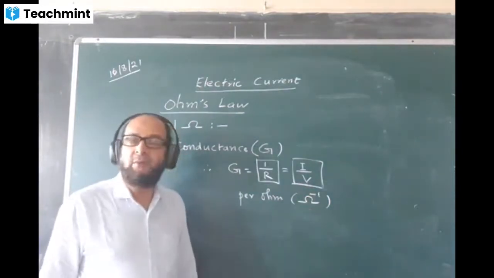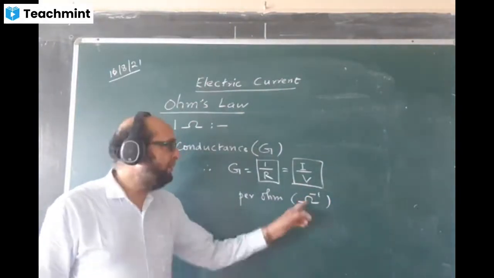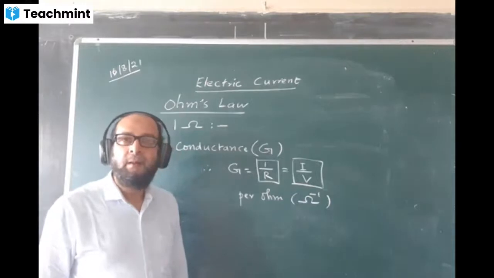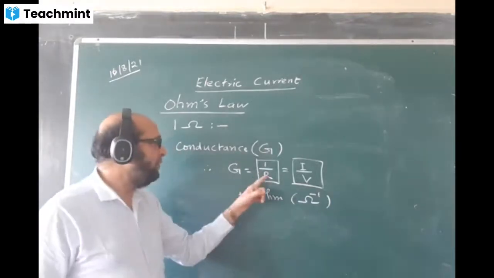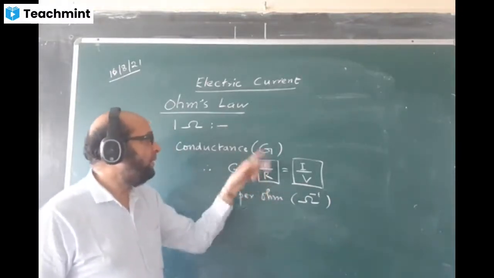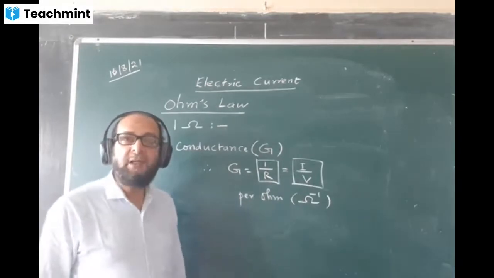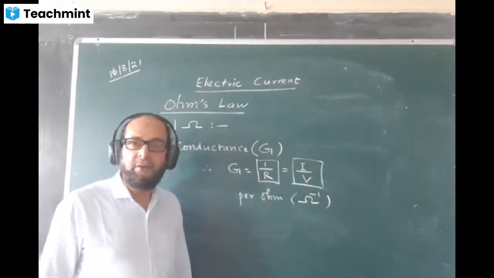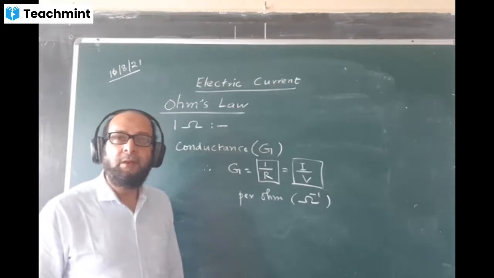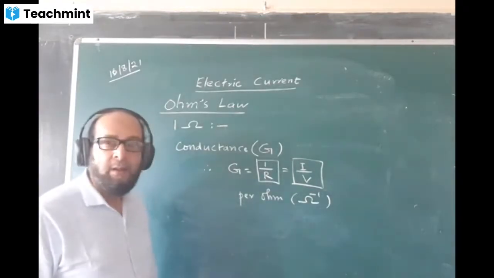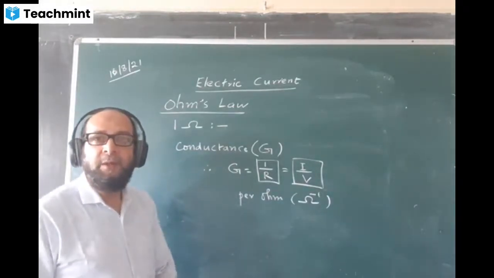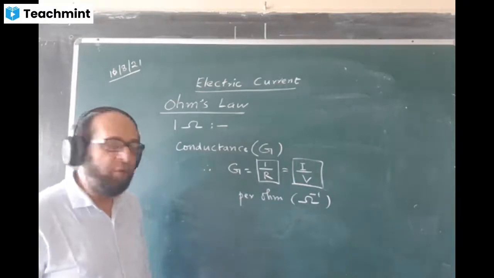The unit of R is ohm, so 1 upon ohm becomes ohm to the power -1. This SI unit is per ohm or ohm inverse. Okay, I think you understood. Now write down below this the limitation of Ohm's law.